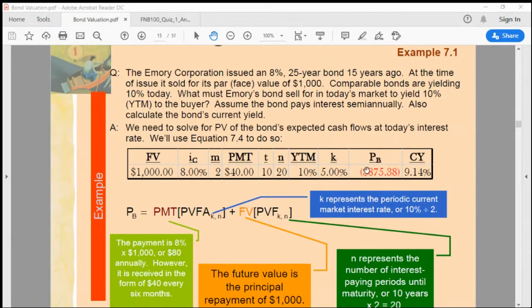Here, this has to be cash outflow, because to receive $1,000 in the future, and all these coupon payments for the next 10 years, 20 semesters, which are all cash inflows, today you will have to pay this, and paying this amount is cash outflow.